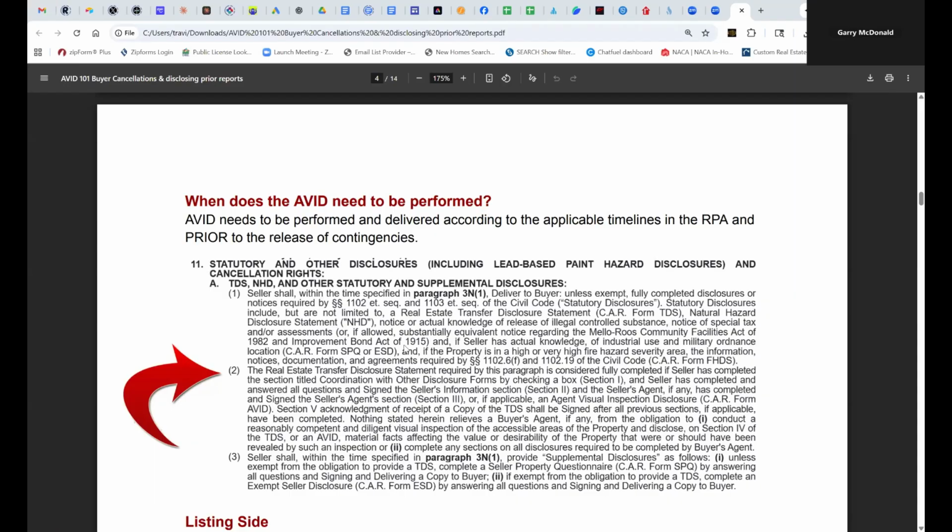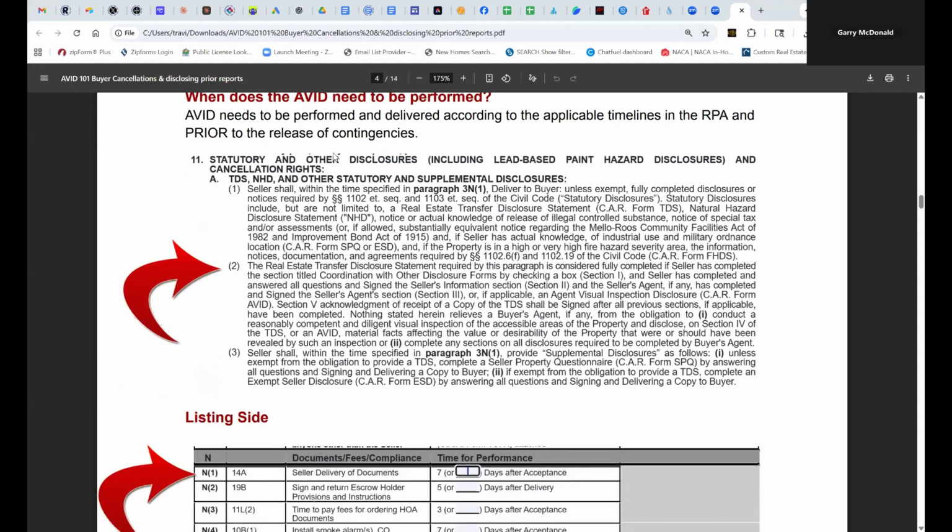So what we're looking at right here is section 11 of the RPA. So it's 11.2. The transfer disclosure statement required in this paragraph is considered fully completed if seller has completed the section titled Coordination with Other Disclosure Forms by checking a box in section 1, and seller has completed and answered all the forms, yada yada, and the seller's agent, if any, completed and signed the seller's agent section 2, or the agent visual inspection.